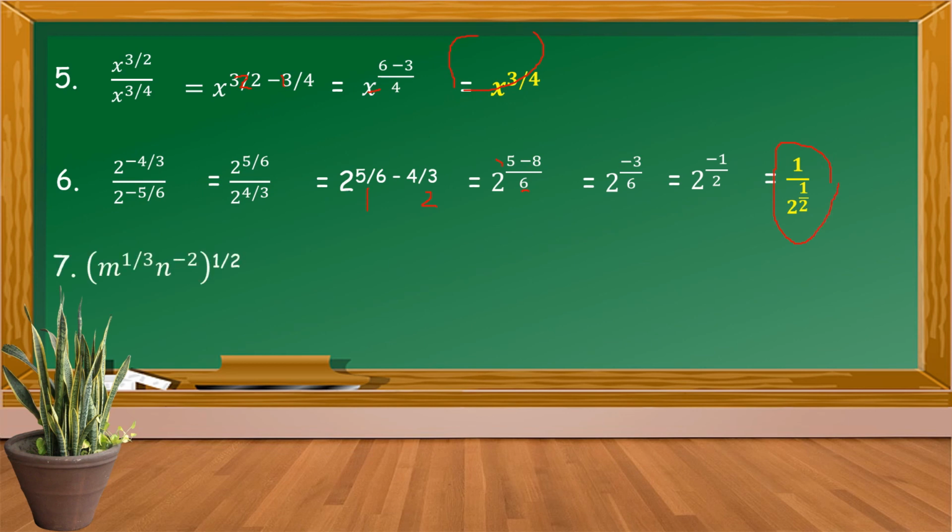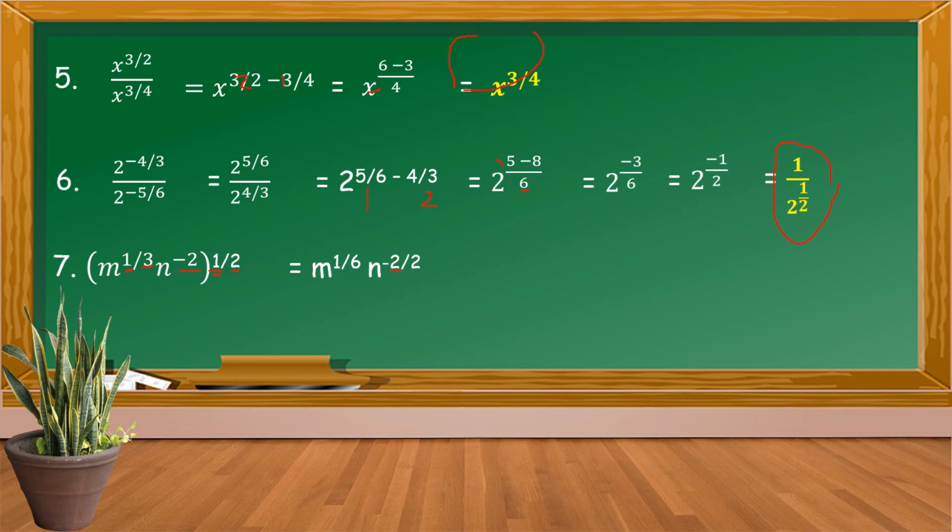For number 7, m raised to the power of 1/3 and n raised to the power of negative 2, the quantity raised to the power of 1/2. This is an example of raising a product to a power rule, wherein we multiply the exponents. So 1/3 times 1/2, and negative 2 times 1/2. We have 1 over 6: 1 times 1 is 1, 3 times 2 is 6. Then negative 2 times 1 is negative 2.